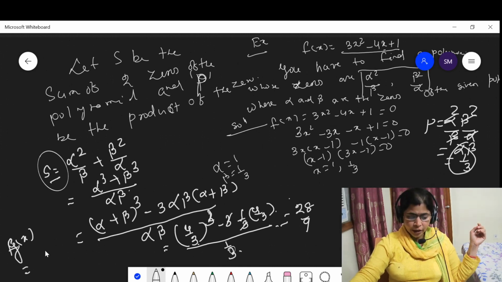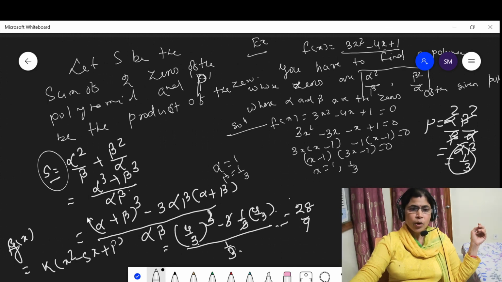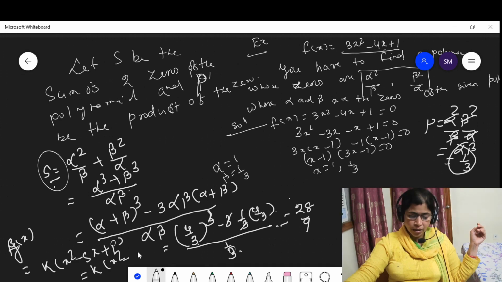The polynomial g(x) is equal to k into (x square minus Sx plus P), where S is sum of two zeros and P is product of two zeros. Then this is k into x square, then in place of S we can write 28 upon 9 x plus 1 upon 3.